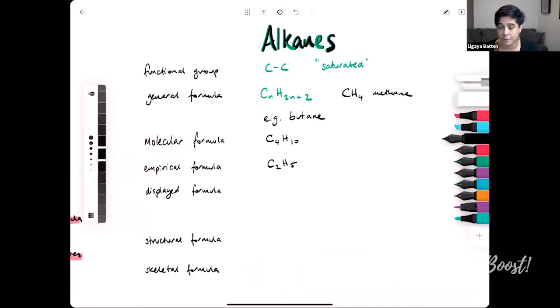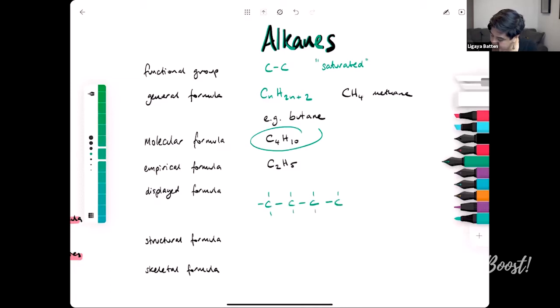The displayed formula for butane, a displayed formula, as we saw in the specification definitions, has to show every single atom in the molecule and every single bond. So we're going to draw this butane molecule here, and it's going to be 1, 2, 3, 4 carbons all in a chain, and then the 10 hydrogens are attached all the way around the outside.